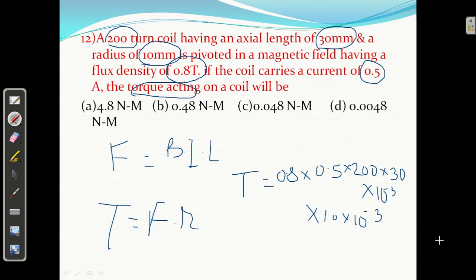I am getting 0.8 into 0.5 into 200 into 30 into 10.